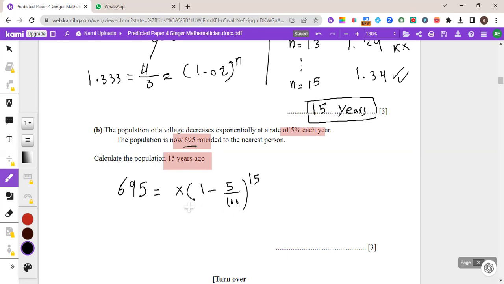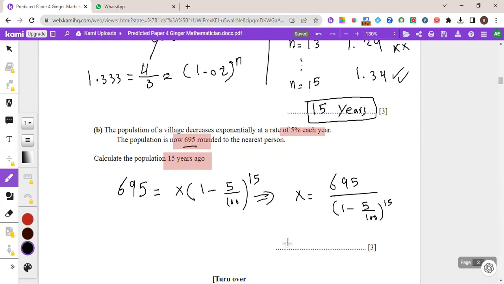So I need to know what is x. Before calculating the bracket, just divide: 695 over 1 minus 5 over 100 to the power of 15. Like this. Now calculate. Yalla, use the calculator.